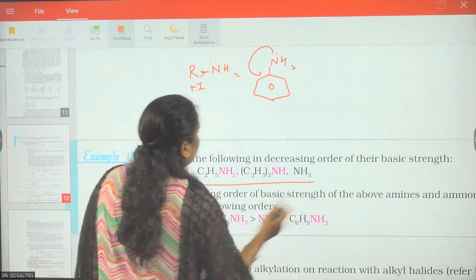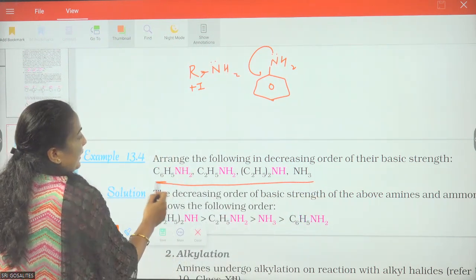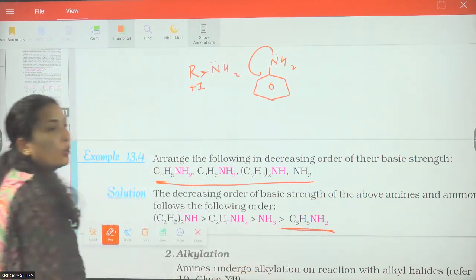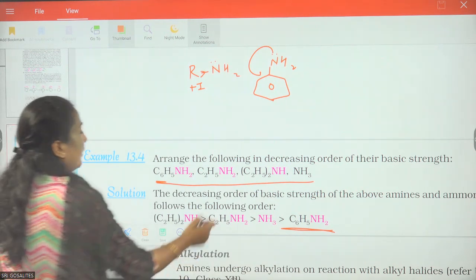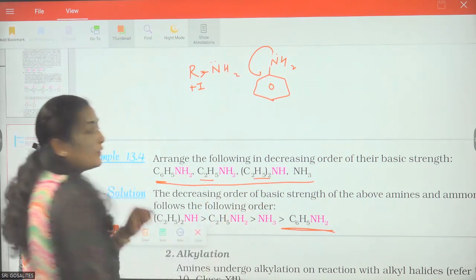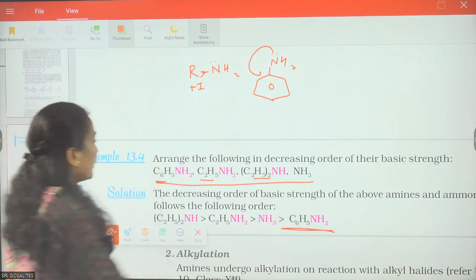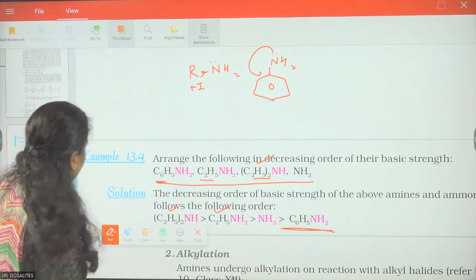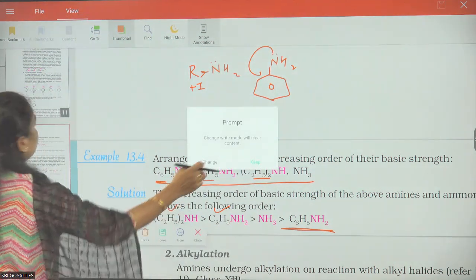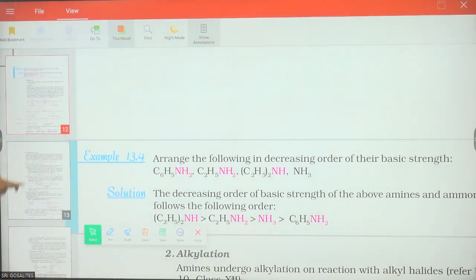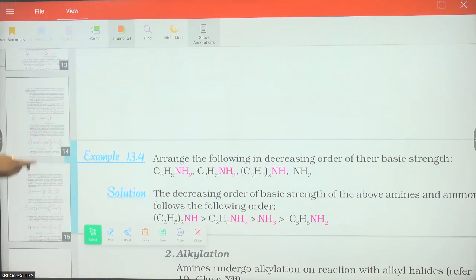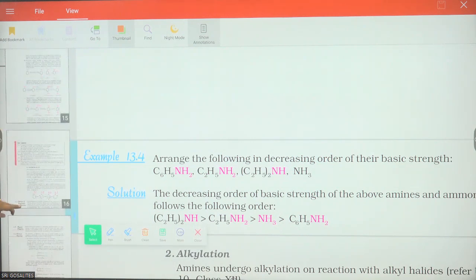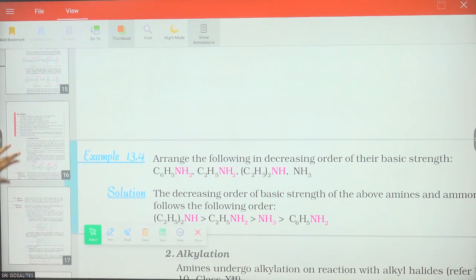So out of them, first of all, this is going to be least, because the lone pair will be involved in resonance. Then this is ethyl, so in case of ethyl you are having 2°, then 1°, and then ammonia. I hope this is clear to you. All these are basic fundamental things which you are supposed to remember. All those reactions also you remember. Okay.